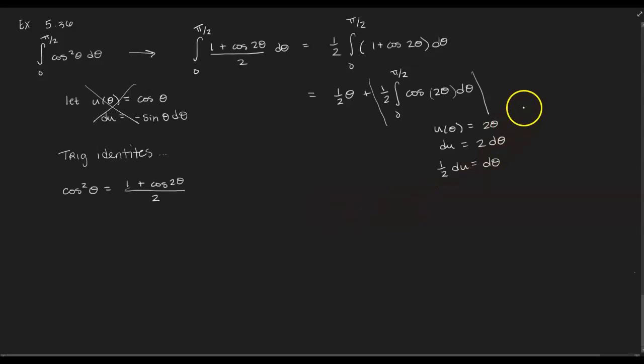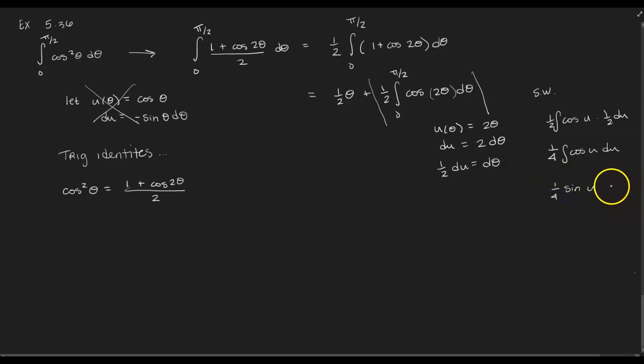So let's do our scratch work over here. Our integral is now going to be 1/2 cosine u times 1/2 du, or we can write that as 1/4 integral cosine u du. We know the integral of cosine is sine, so we'll have 1/4 sine u.